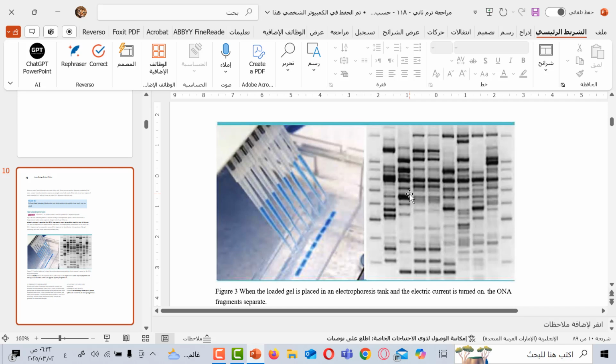It arranges the fragments by size from biggest to smallest. Okay, the biggest is near the minus and the smallest is near the plus in the gel electrophoresis cell. So when we see lines like this and this tool, we immediately say this is gel electrophoresis.